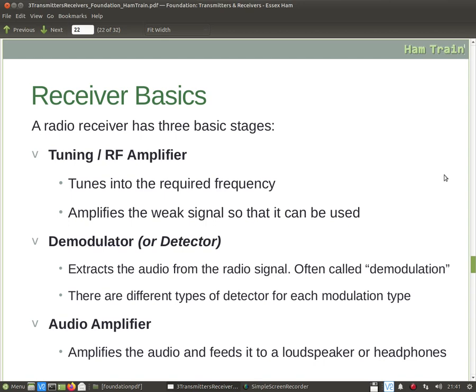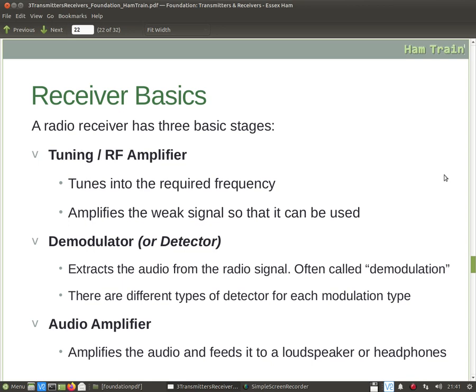So receiver basics. A radio receiver has three basic stages. The first stage is the tuning and radio frequency amplification. This stage tunes into the required frequency and it amplifies the weak signal so it can be used. The second stage is the demodulator, or sometimes called detector stage.